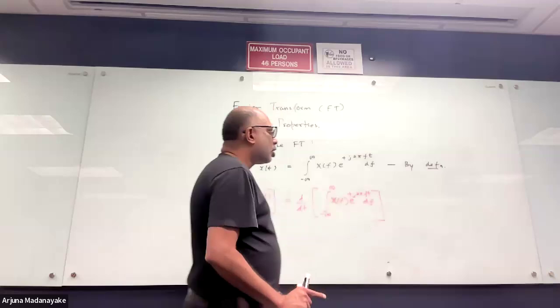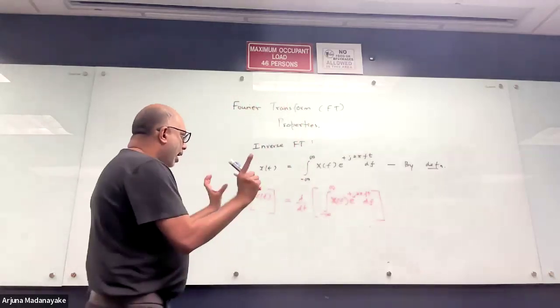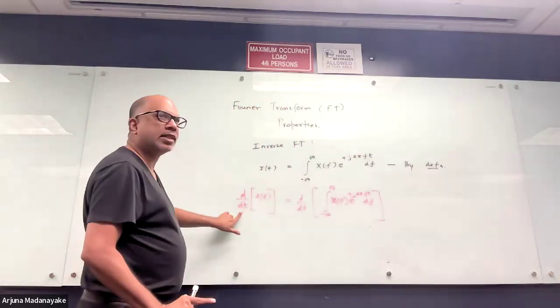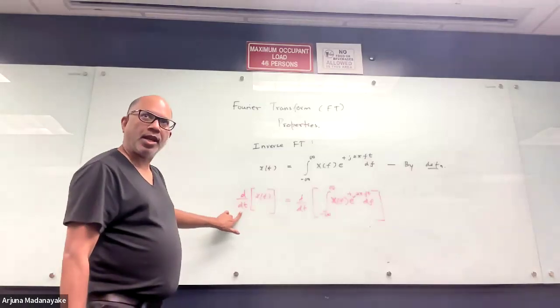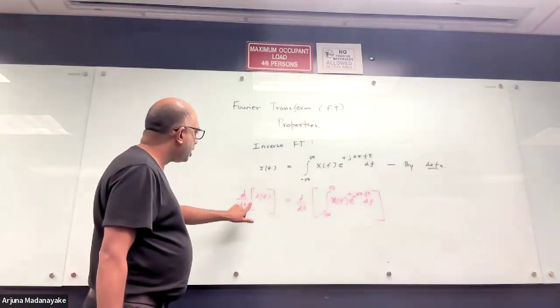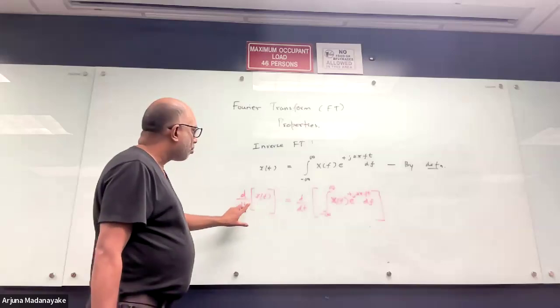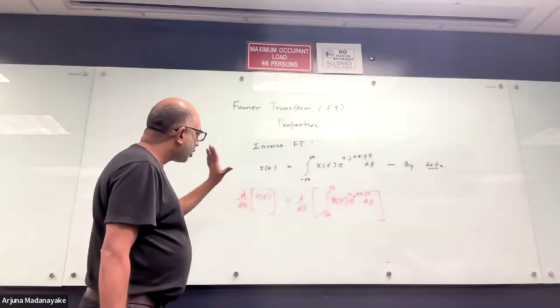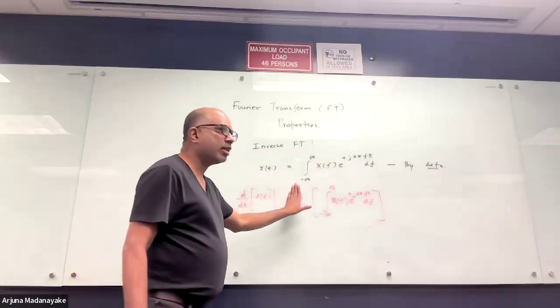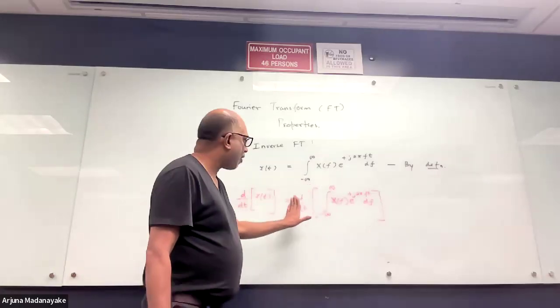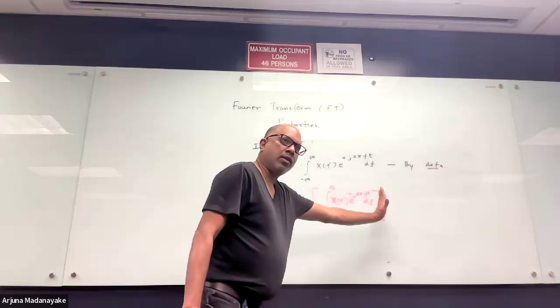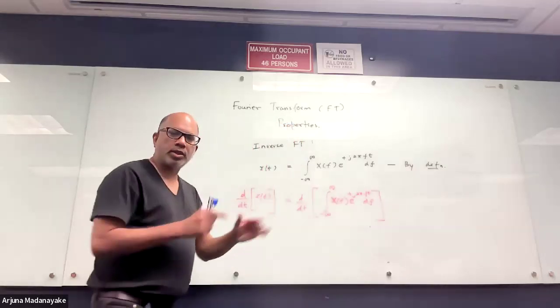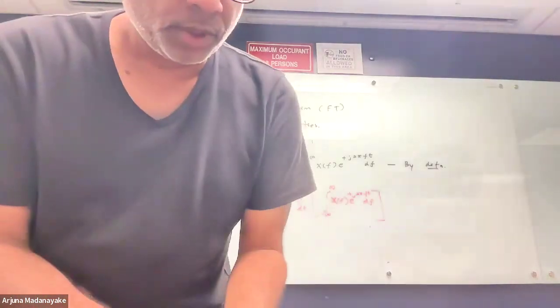That's the definition. I apply a differential operator against time on the left-hand side, which gives me dx over dt. Because I do d over dt on this side, I'm forced to do d over dt on the other side also. Now I'm going to do some algebra and get you the result.